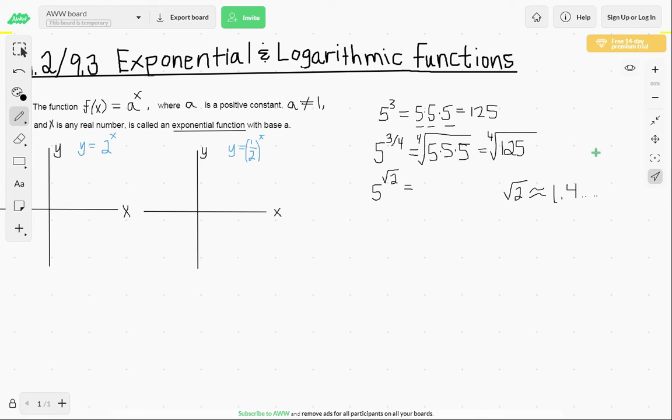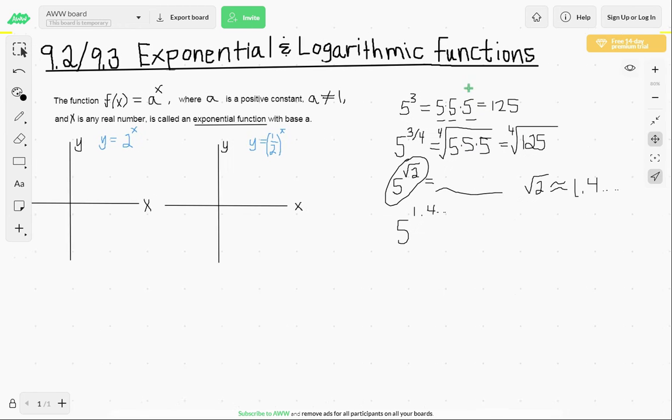So we would take 5 to the 1.4 and keep adding more digits of precision to get a closer idea of what this equals. I probably should have calculated this prior to making the video, but if you're curious, go ahead and calculate it.